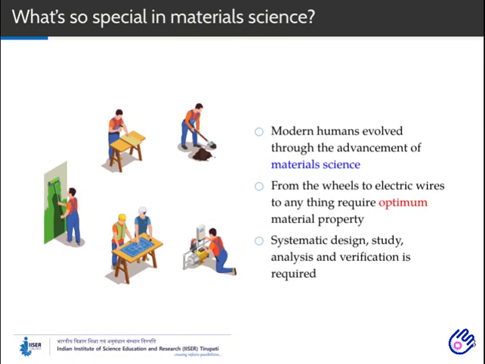Likewise, whether a modern computer processor or a new smartphone, we need potential materials that tick a lot of requirements. So a systematic approach, like planning the requirement, designing a hypothesis, developing the hypothesis into a product and verifying its potentiality, is a major arena, and we call the entire regime material science.